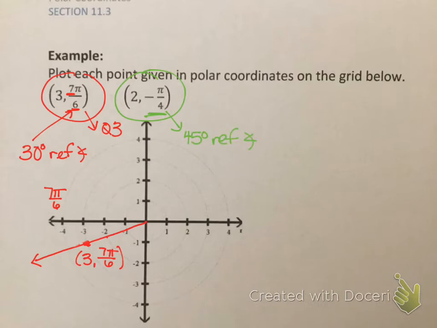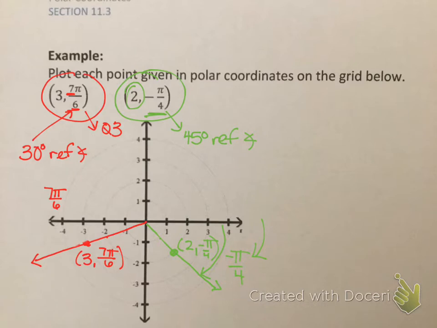So I am rotating clockwise, so in this direction, and I am drawing a 45-degree angle. So this angle right here would be negative pi over 4. And then I need to plot 2 concentric circles. So here is my point. This point has the coordinates 2, negative pi over 4.